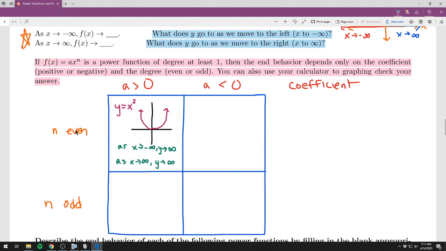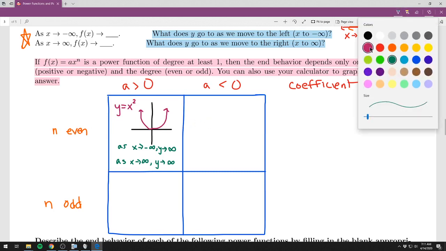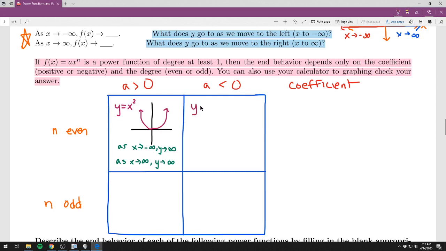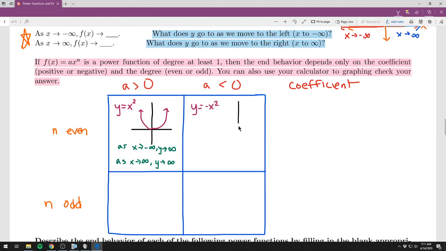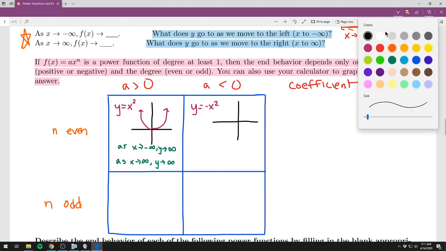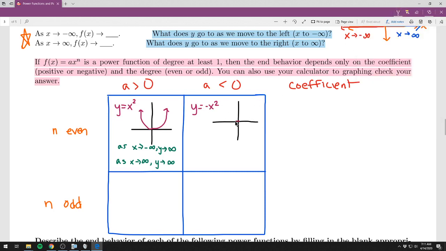All right, now if our power is still even, but a is negative, we can think about y equals negative x squared. And if you remember what the negative sign does to a graph, it flips it over the x-axis. It's going to look like this.